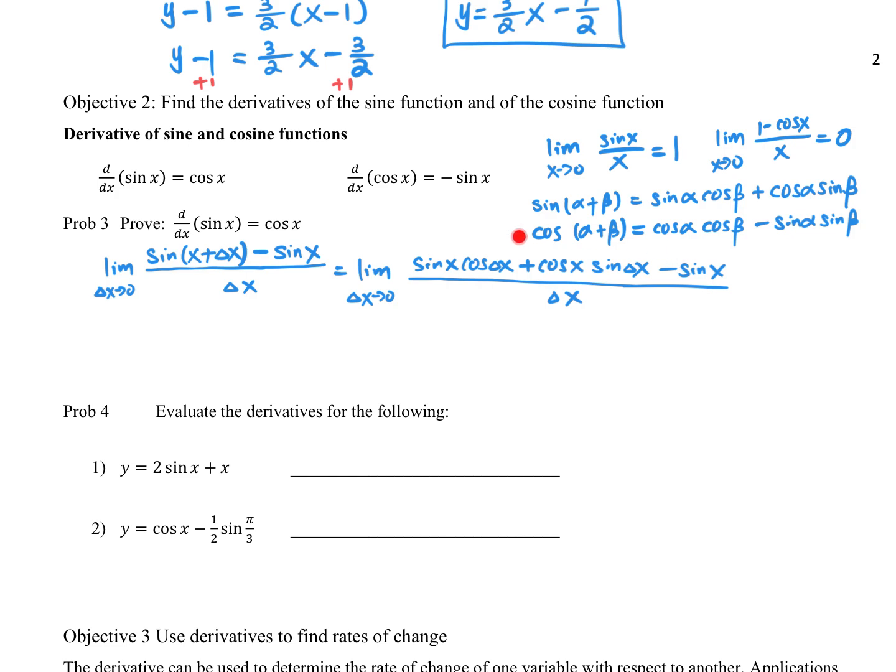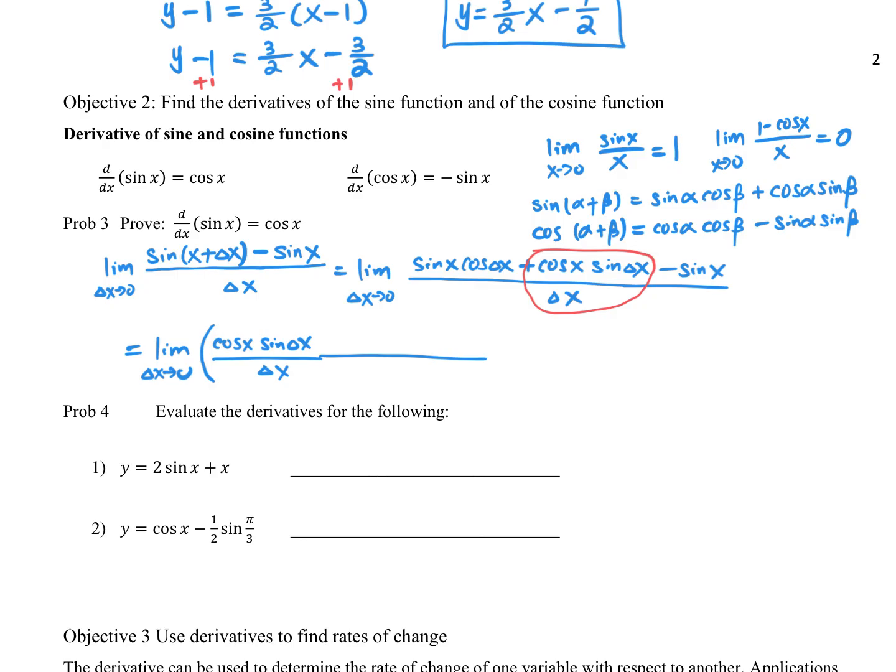Actually, I want to factor out the first and third term, the negative sine x. So now let's regroup. This is going to be equal to cosine x sine delta x over delta x. This is my first term, okay?